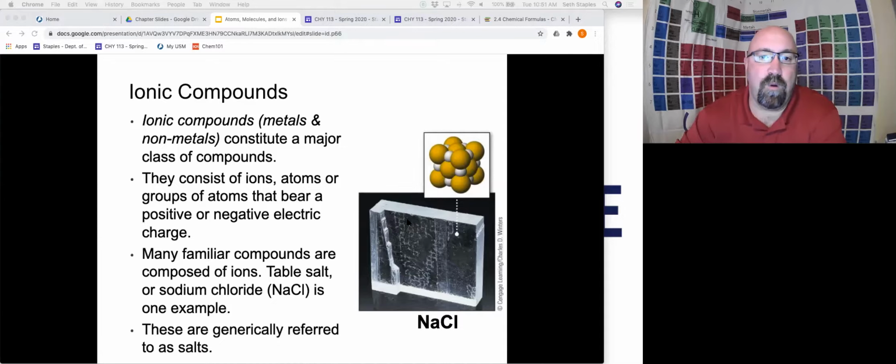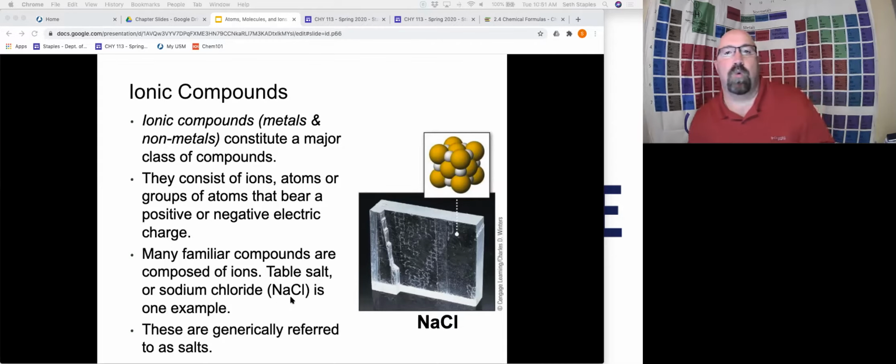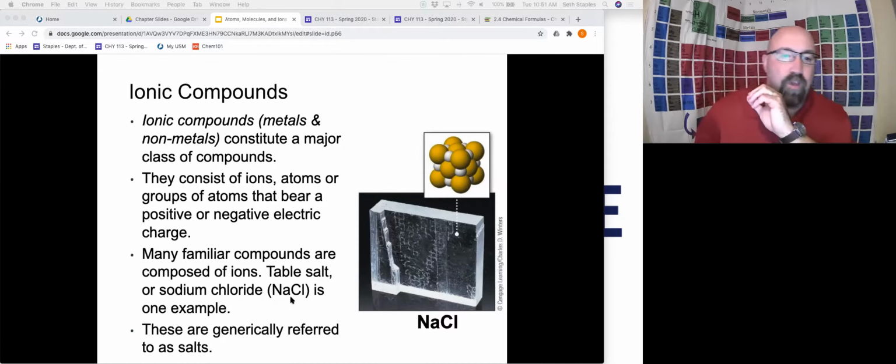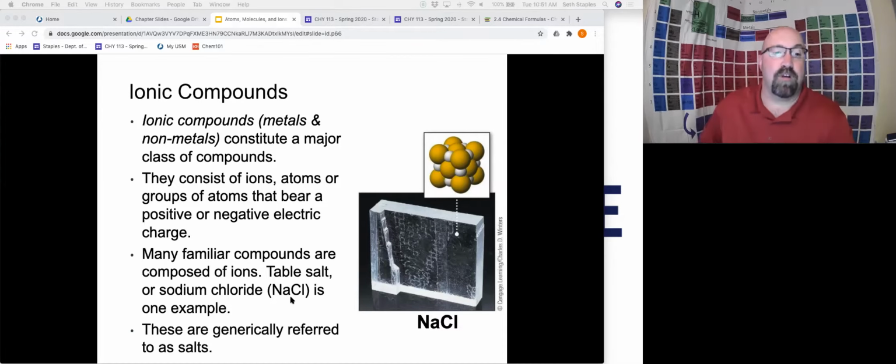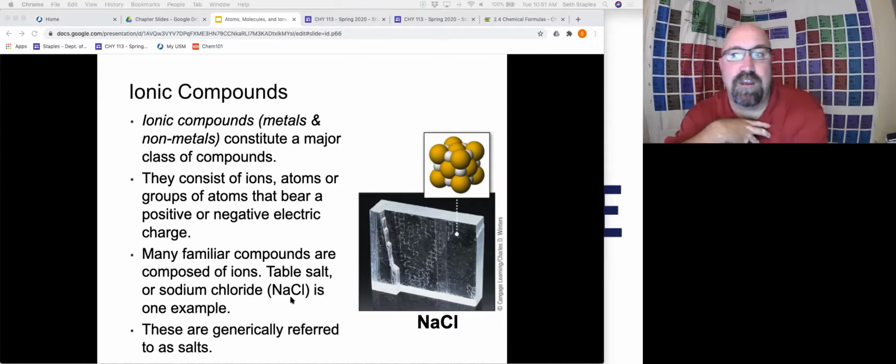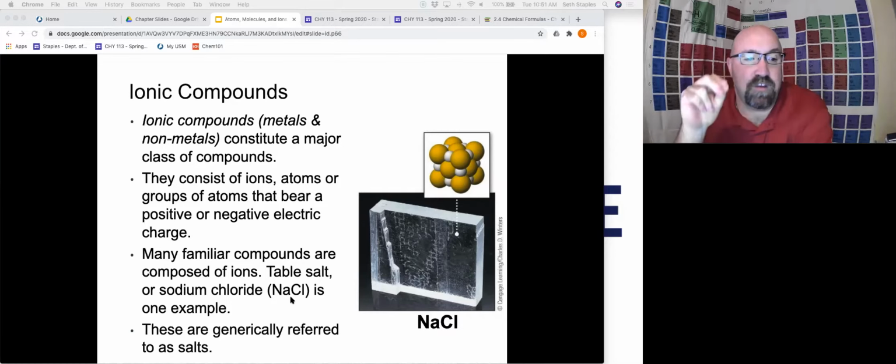Something that's important to note is that ionic compounds are very generically often referred to as salts. Another thing to keep in mind is that we use the term salt in everyday language to talk about this particular ionic compound, table salt. But salt in general, from a chemical perspective and a chemical definition, is any ionic compound.